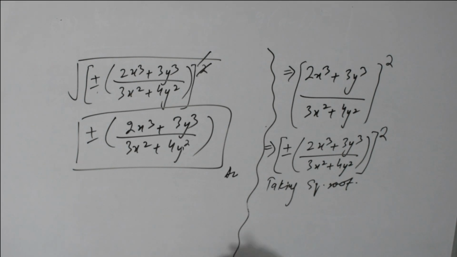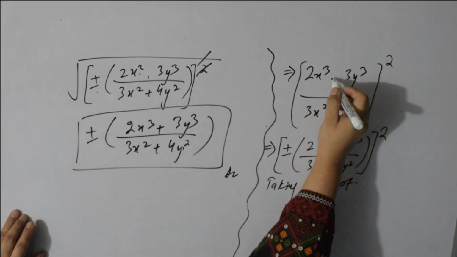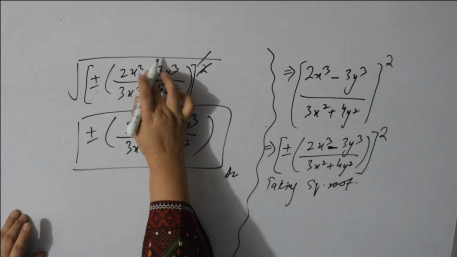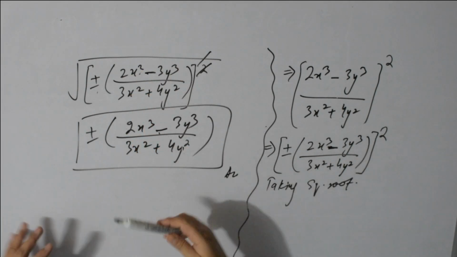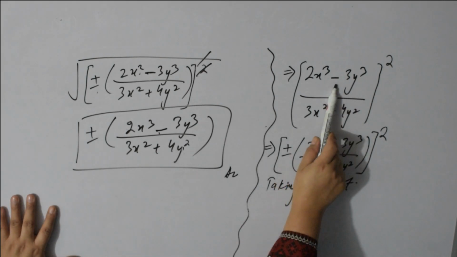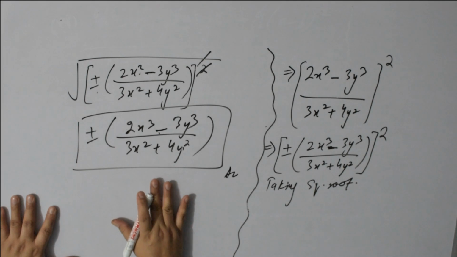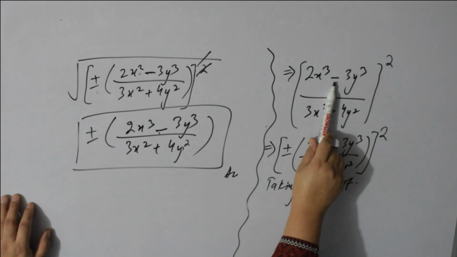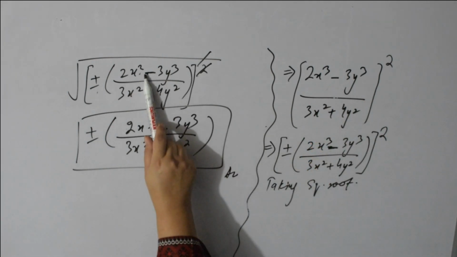2x³ minus, oh sorry students, it was minus in the numerator. Sorry, I forgot, in the numerator you have the formula of negative sign. So 2x³ minus. Now in the previous portion also, if I have written this plus, please do correct it, it's minus: 2x³ minus 3y³.